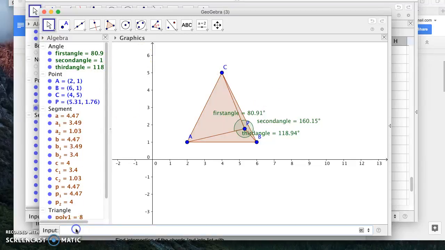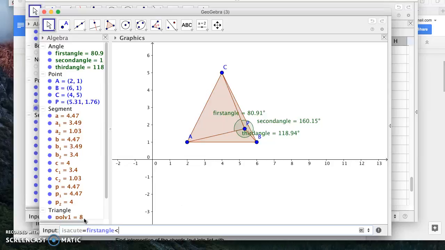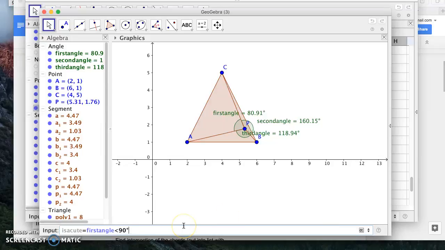And so now I'm going to come up with an equation to find if one of the angles is acute. So I'm going to write isAcute equals: if the first angle is below 90, and I'm going to go over to the symbol box and hit degrees, which is this little circle right here. And I'm going to make parentheses around those. And I'm going to add the symbol OR, which is this upside down caret right here. The second angle is below 90 degrees.